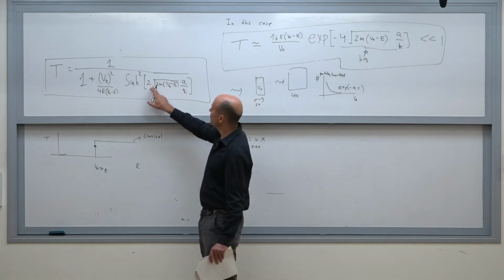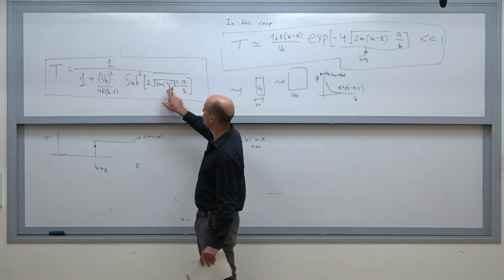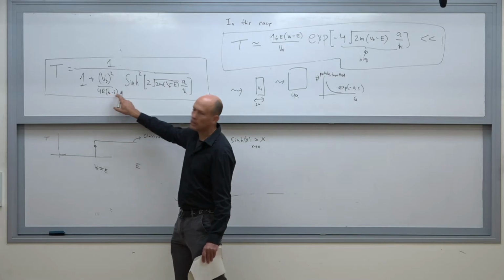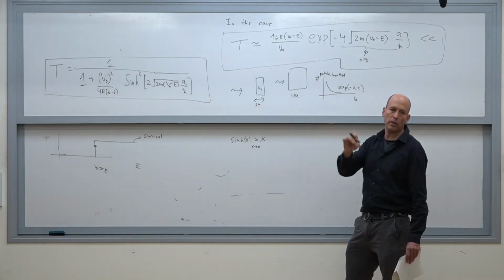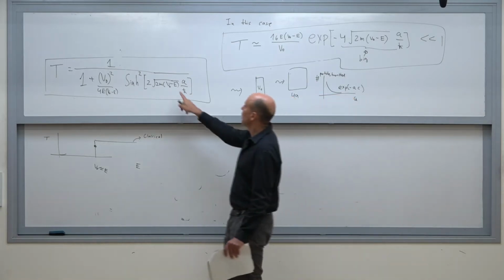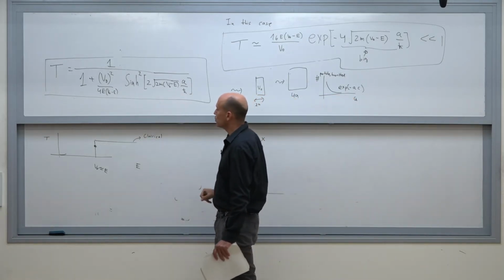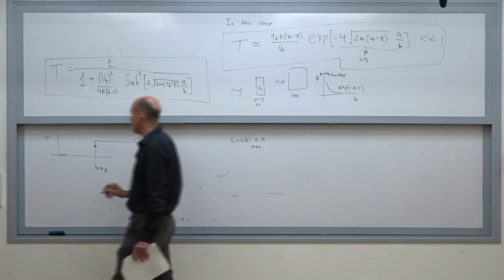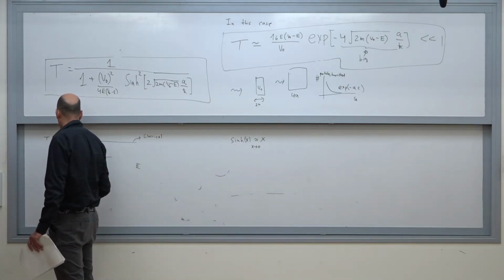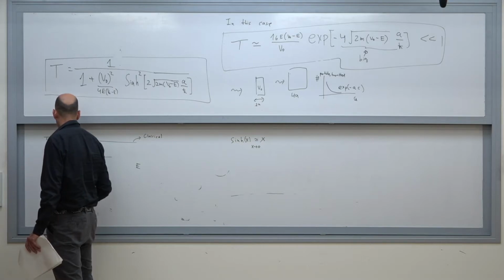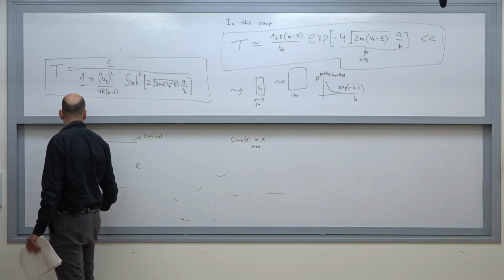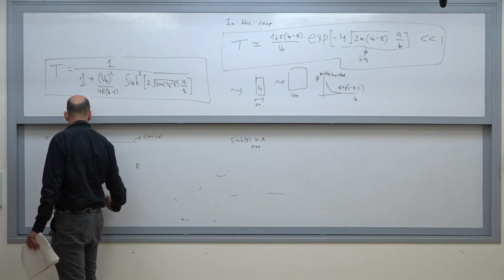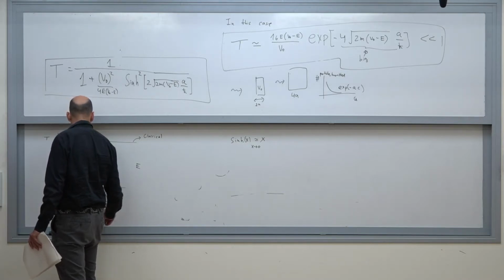You have here the square root, and when I square it, the V0 minus E will cancel exactly. This is just L'Hopital's rule when I take the limit E going to V0. So I get T at E equal V0 as 1 plus V0 over 4E, but E is V0.